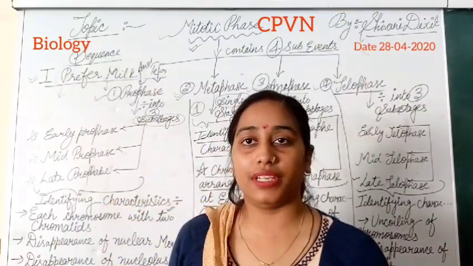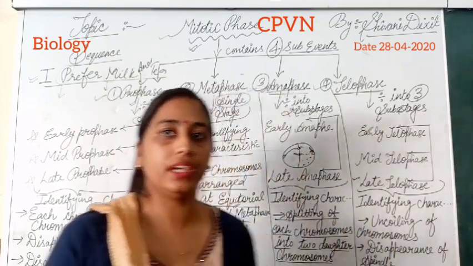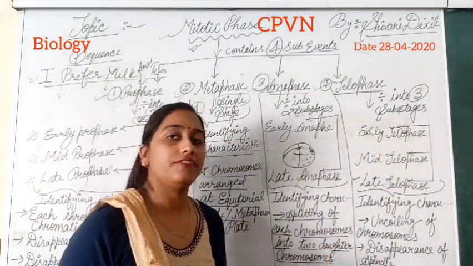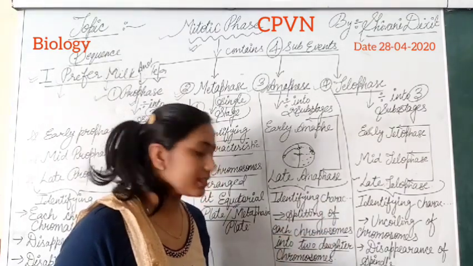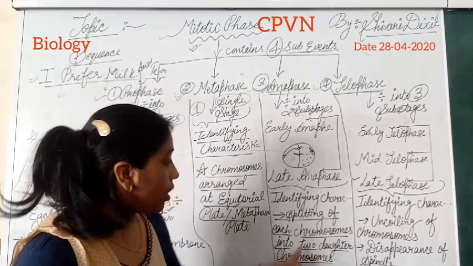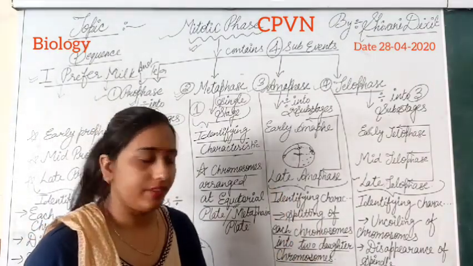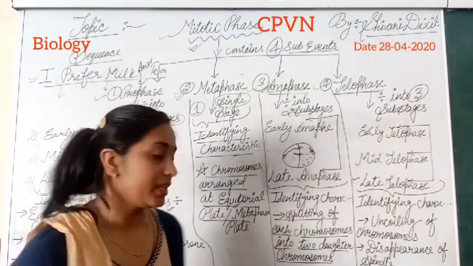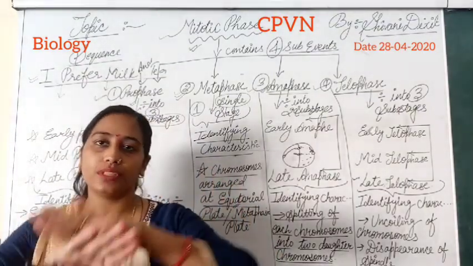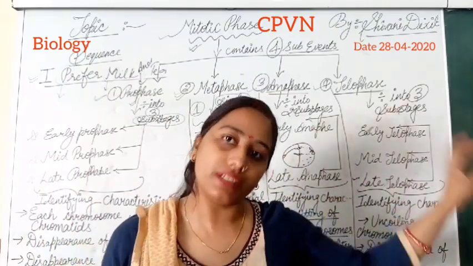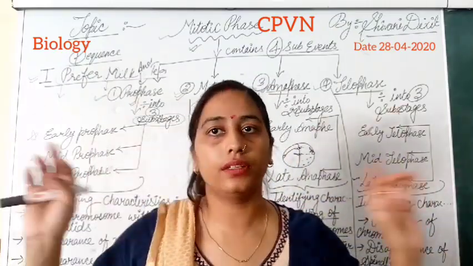With the help of a diagram it will be clearer. Here we are just understanding the identifying characteristics. If you clear these characteristics, then you can easily understand the diagram. So what happens in the anaphase? Splitting of each chromosome into 2 daughter chromosomes, and these chromosomes move towards the opposite poles. One side, second side. Clear?